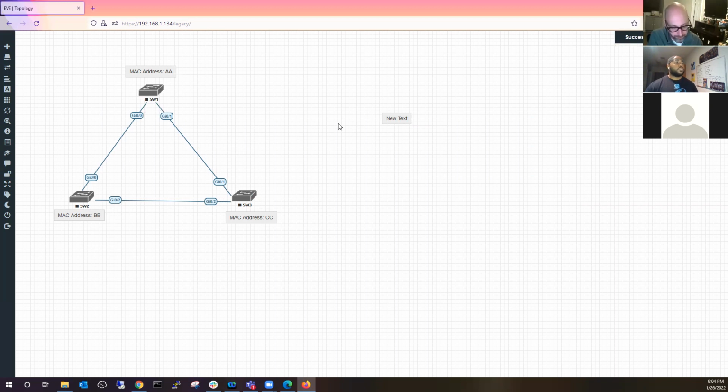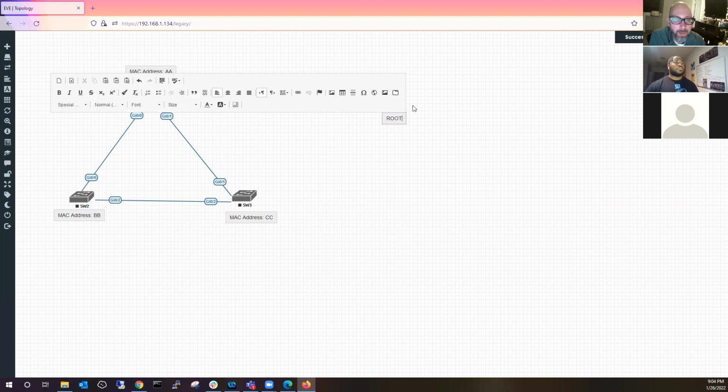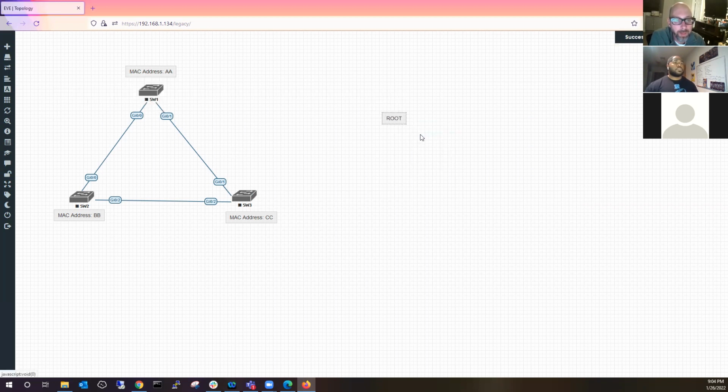No worries. Who will be the root? Looking at the MAC address, assuming all of them are 32768, the default priority, I'm going to go with MAC address A at switch 1. Why? Because it's the lowest BID. What do you mean, the lowest?